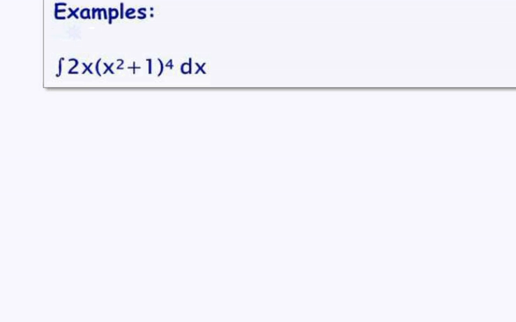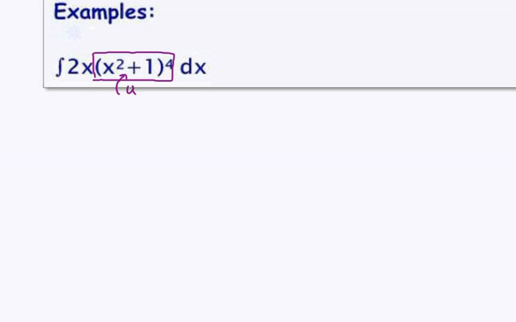If we focus in on this, we see that we have some function raised to the fourth power. I'm going to label that as a u. So the x squared plus 1 is like a function u in terms of x.